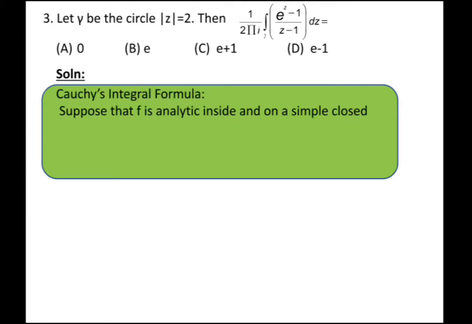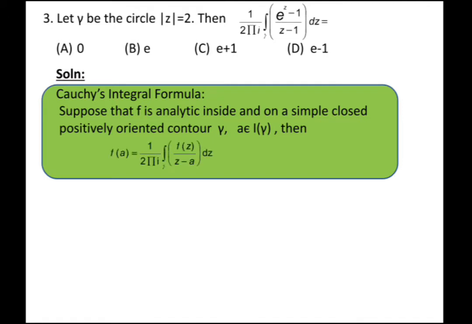Suppose that f is analytic inside and on a simple closed positively oriented contour gamma, and a is an interior point of gamma, then f of a equal to 1 by 2 pi i into integral over gamma f of z by z minus a dz. So we solve this problem by using this Cauchy integral formula.